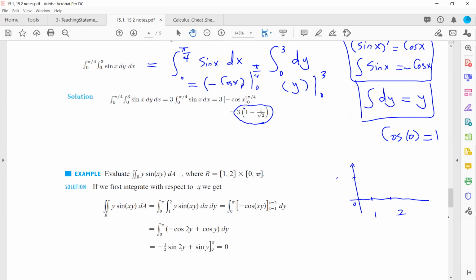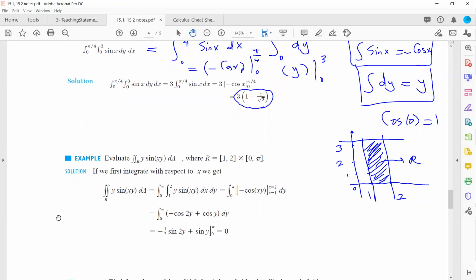So 1, 2, and a little bit up to get to pi, 3 point something. So this is your R. Our goal is to find the integral of y times sine of x times y dA.